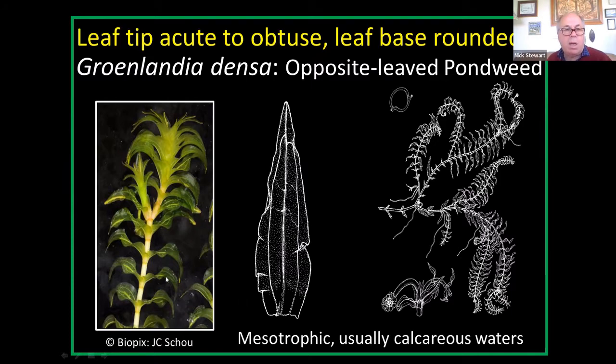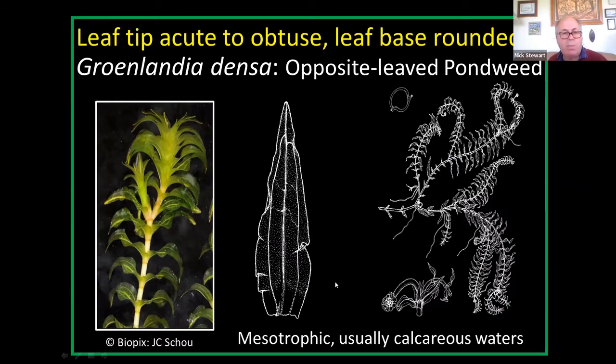Key thing about Groenlandia densa is, unlike Potamogetons, the leaves are opposite, and often enclose the stem. So they're in opposite pairs all the way up. It does produce a few stipules, but only in particular places like where there's a branch, and they're not very obvious stipules like the pondweeds have.